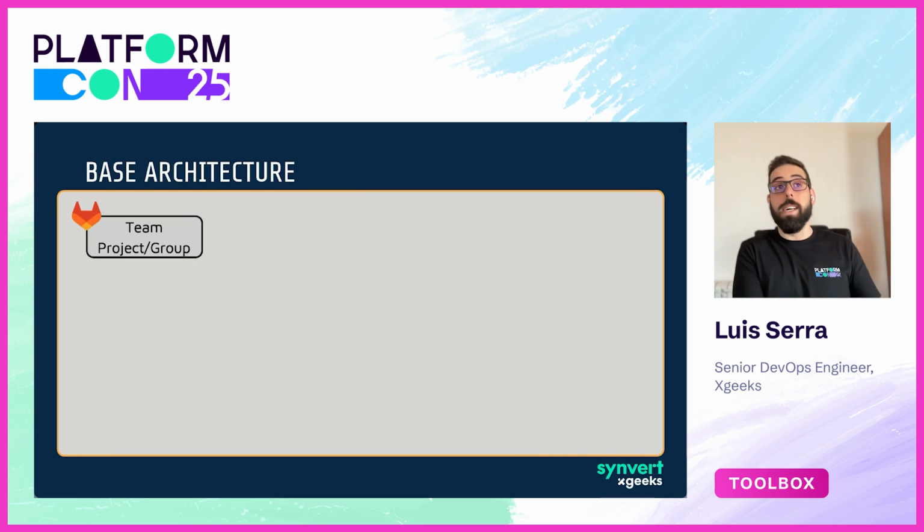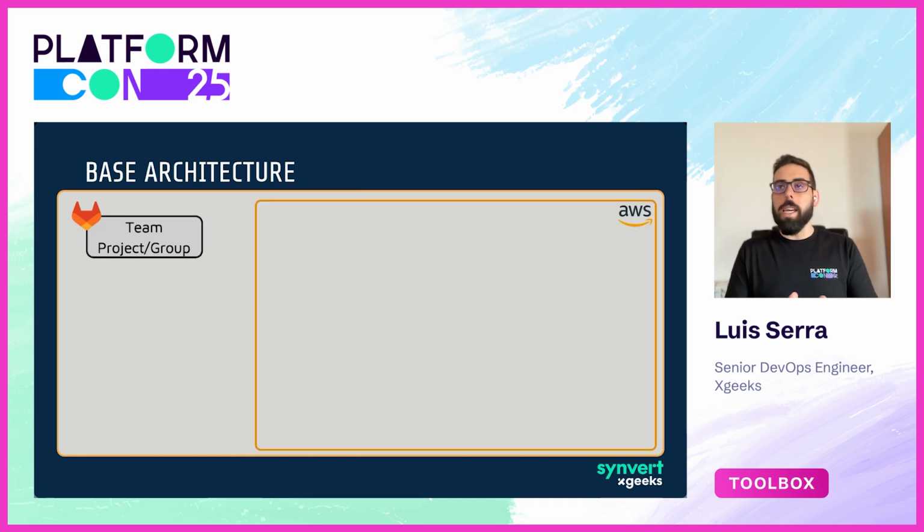This all starts with a team project or a group inside GitLab that has the requirement of having a runner registered to it in order to run, of course, their pipeline definition. In our case, we trust on AWS as a cloud provider. There are fleeting plugins for other cloud providers such as Azure and Google Cloud Platform.